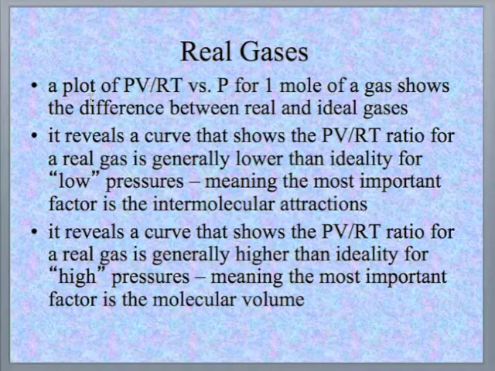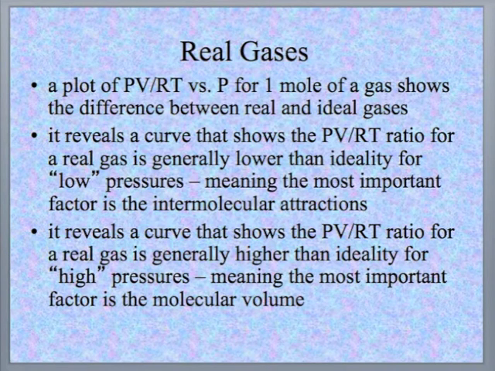Meaning, if the pressures are low, the most important factor is interparticle attractions. And then at higher pressures, you begin to get deviations that are greater than what you'd predict ideally, because the important factor becomes the volume of the molecule.